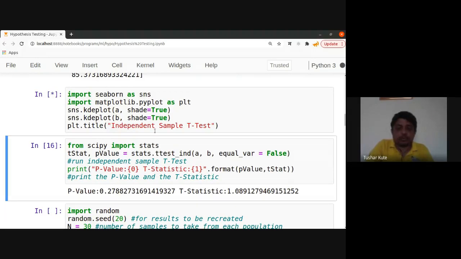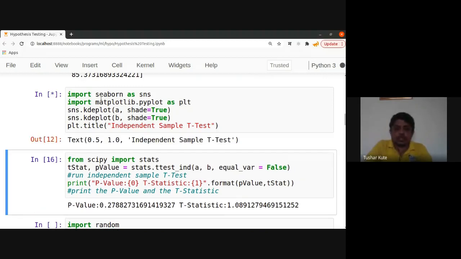SNS, that is the Seaborn package, contains a KDE plot by which you can see the data in normally distributed format, the kernel density estimation that we call. In that format, where the population is high and where it is low, we can show that using the KDE plot. I think it was visible. See this one, this is the first population.